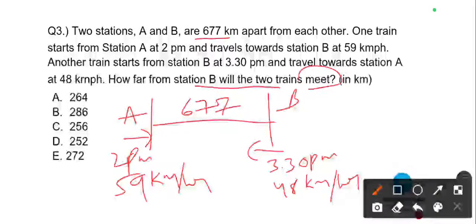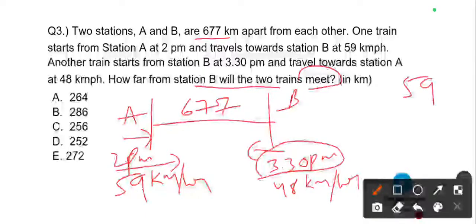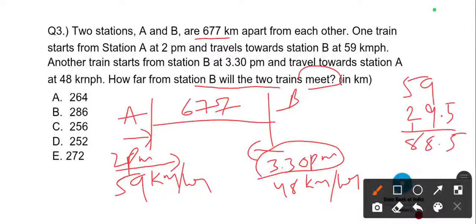Okay, so we need to make the times equal. So for 1.5 hours it travels 59 plus half of 59, which will be 29.5 kilometers. Totally 88.5 kilometers it has covered.